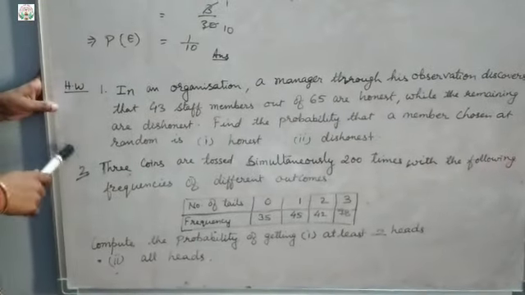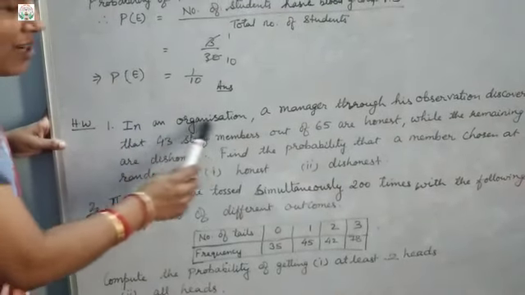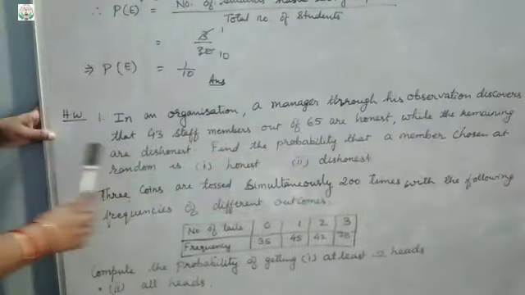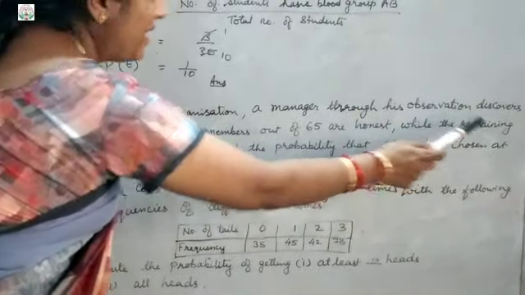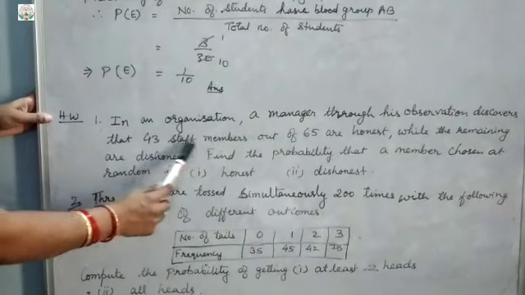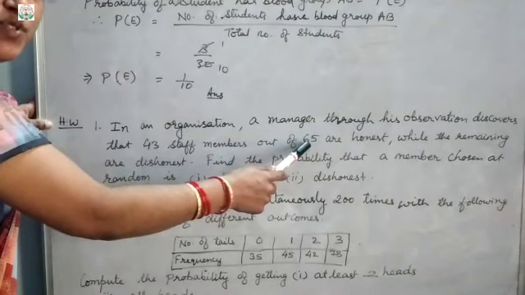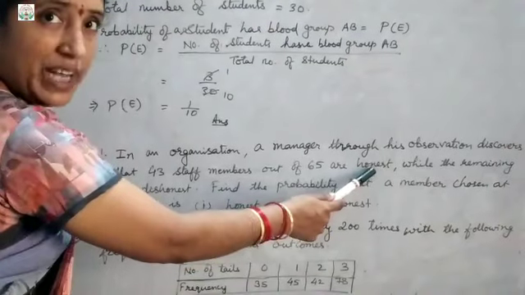Now here I am giving you 2 questions as homework. See these questions and solve them in your mathematics fair copy only. After the exercise, solve these 2 questions also as homework. The question goes like this. In an organization, a manager through his observation discovers that 43 staff members out of 65, meaning the total number of staff members is 65, are honest.